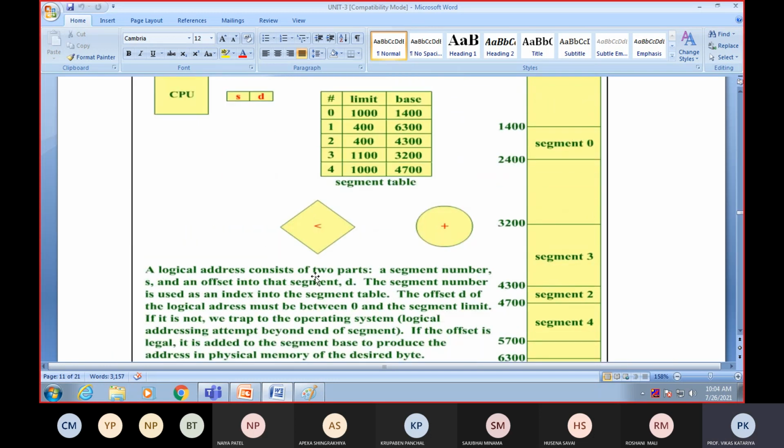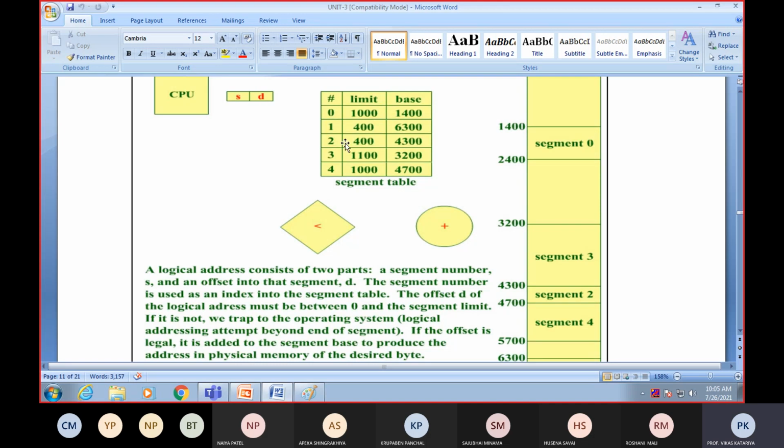A logical address consists of 2 parts. This is the logical address we are talking about. The CPU generates logical address S, D. Now what do S and D mean? Small s indicates the segment number, and D is an offset into that segment. You can say it is a byte offset.